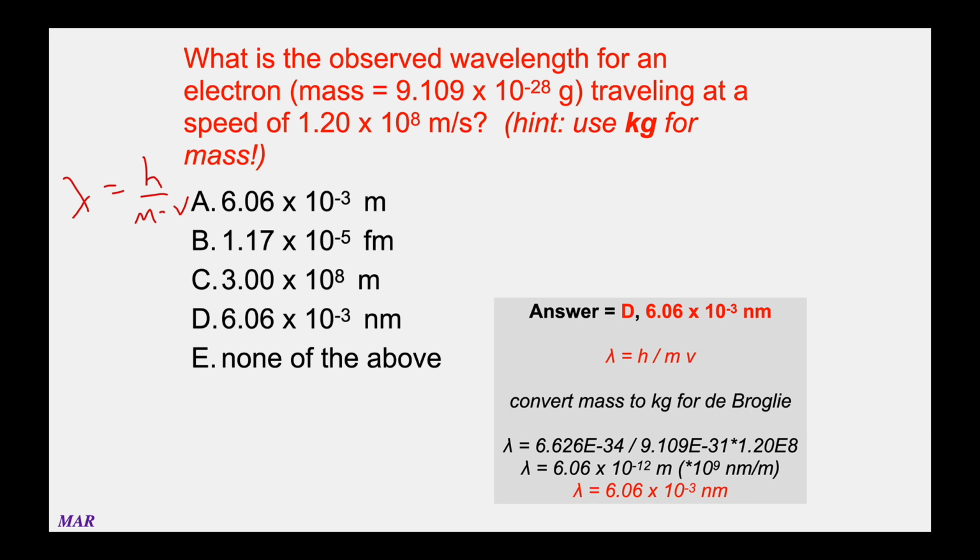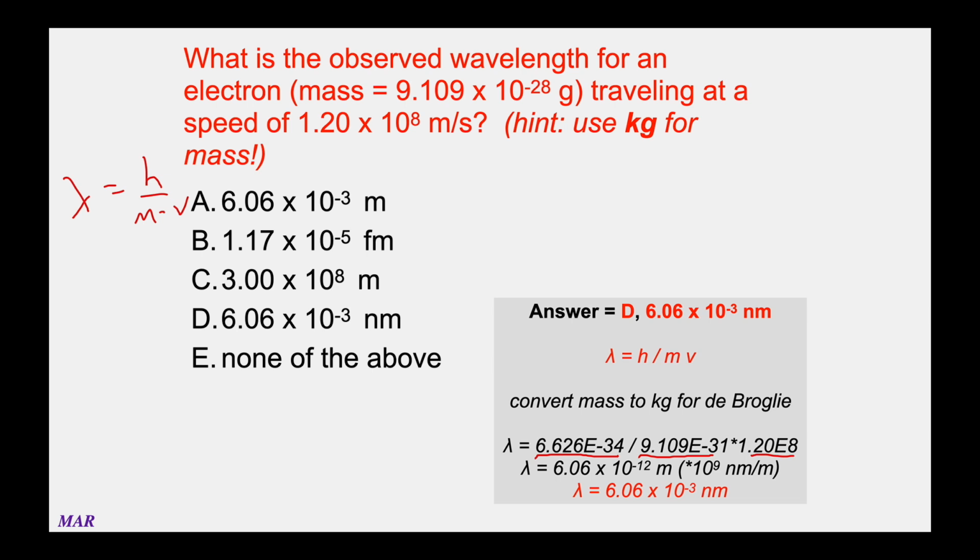But you can see here, here's Planck's constant, here's the mass in kilograms, here's the velocity. I did turn the wavelength in meters into a wavelength in nanometers. So initially, if you were looking for a 6.06 times 10 to the minus 12, none of those are out there.